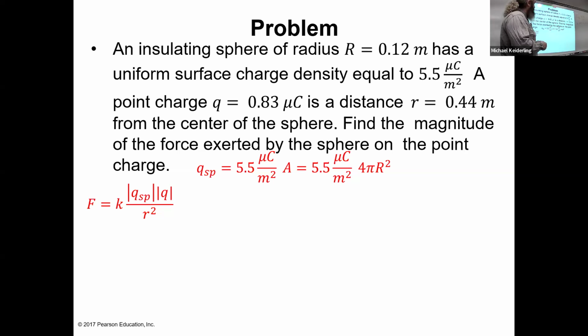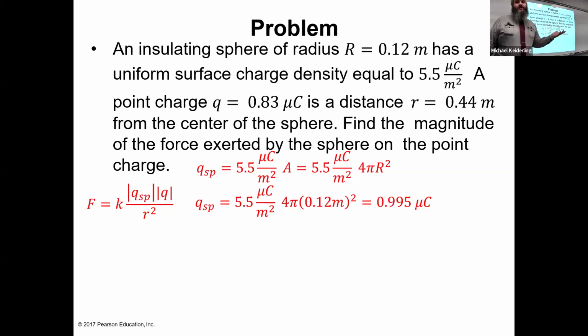And that's 5.5 microcoulombs per square meter times 4 pi r, the radius of the sphere squared. So that's 5.5 microcoulombs per square meter times 4 pi times 0.12 meters quantity squared, which comes out to 0.995 microcoulombs.